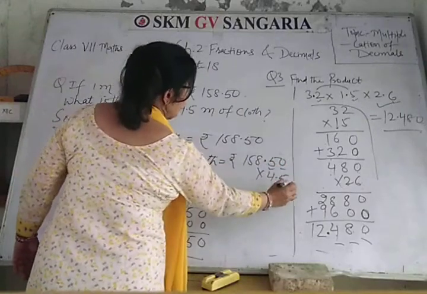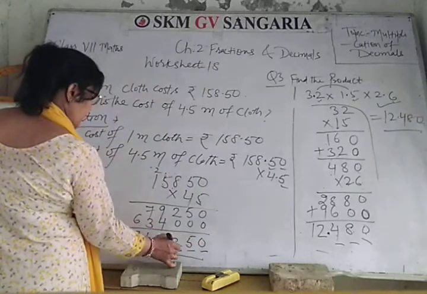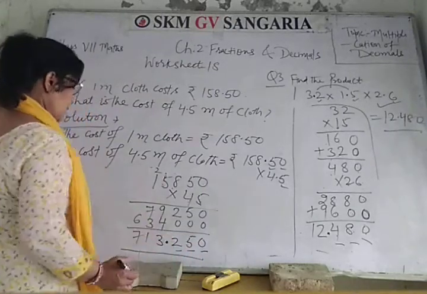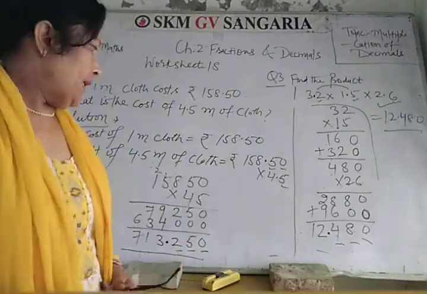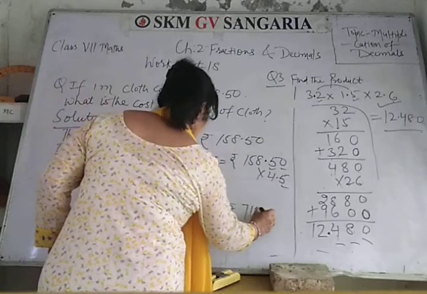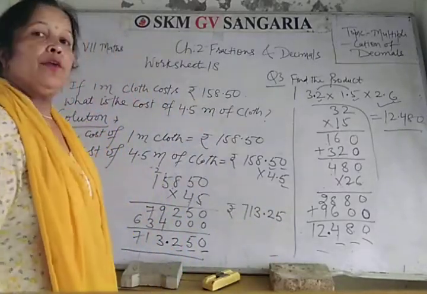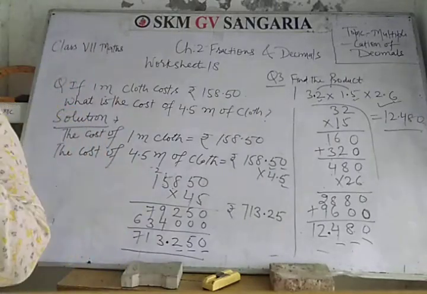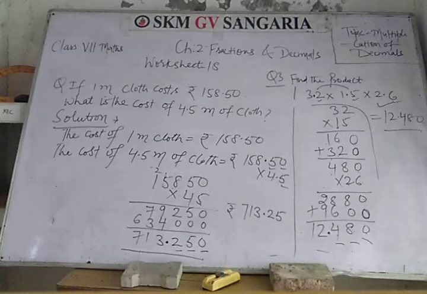1, 2 and this 3. How many? 3. So leaving 3 digits from your right and putting the decimal, what will you get? Rupees 713 and 25 paise. So this will be the cost of how many meters? 4.5 meters of floor.